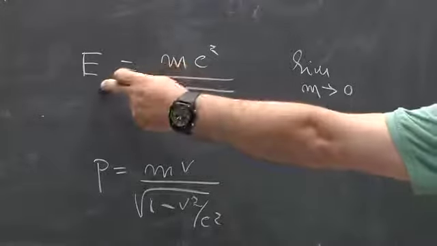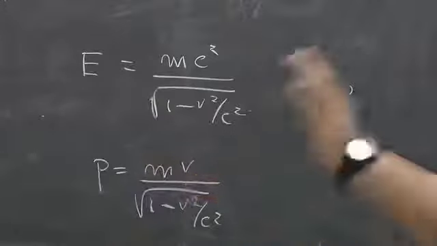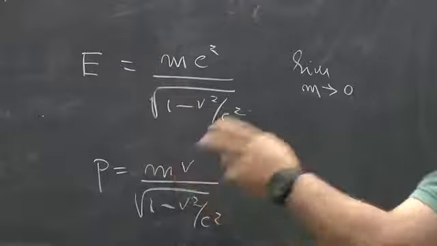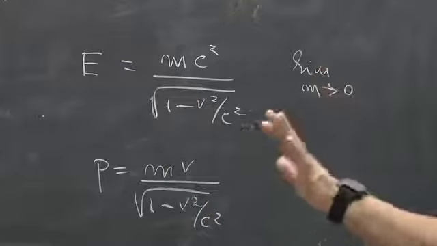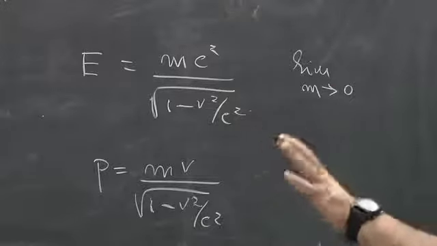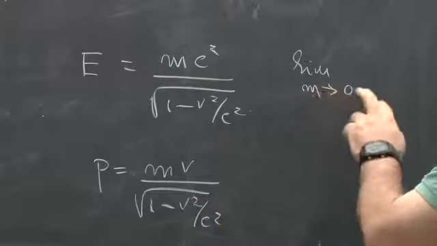It seems the energy would go to 0. But we have the photon, which has an energy different from 0, and this momentum also is not 0. Radiation has momentum, and it can move things. So I cannot do this naive limit.